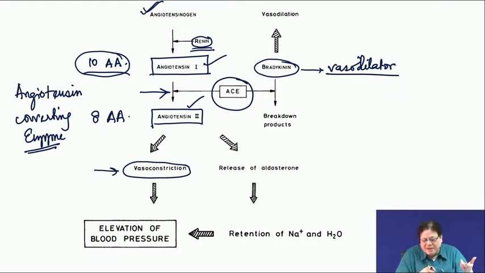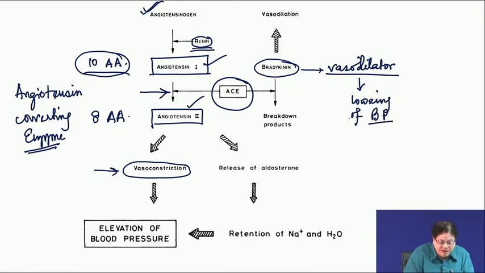So, you get vasodilation. Vasodilation means lowering of blood pressure, and vasoconstriction means elevation of blood pressure. So, via vasoconstriction, angiotensin 2 elevates the blood pressure. It binds to the receptor, causing the elevation of blood pressure.